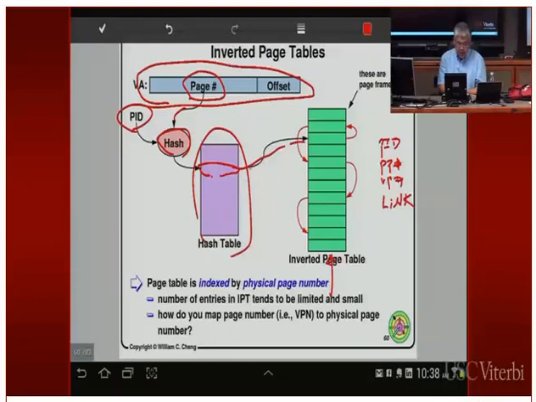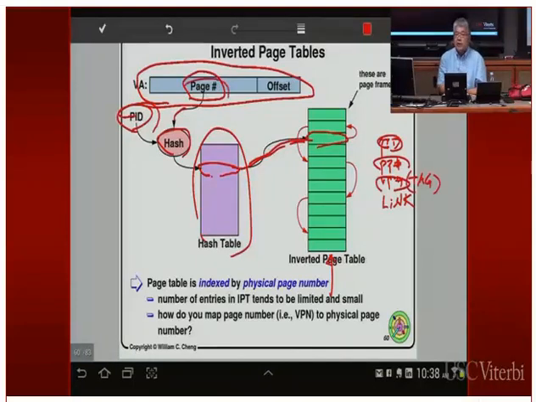So when you get there, it will give you the beginning of a page table entry. What you will do is compare the PID with the current process ID, and compare the virtual page number. This one is again the tag.